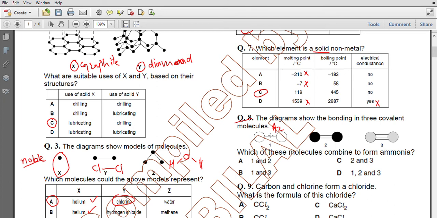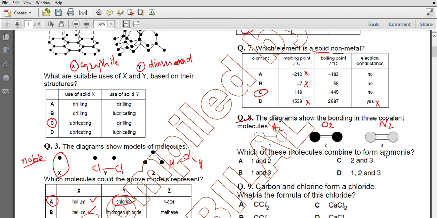This should be oxygen, as oxygen is also diatomic, but it requires 2 electrons to complete its valence shell. So 2 oxygen atoms will share 2 electrons with each other, having a double covalent bond between the oxygen atoms. And this should be nitrogen. It is also diatomic, but each nitrogen atom requires 3 electrons to complete its valence shell.